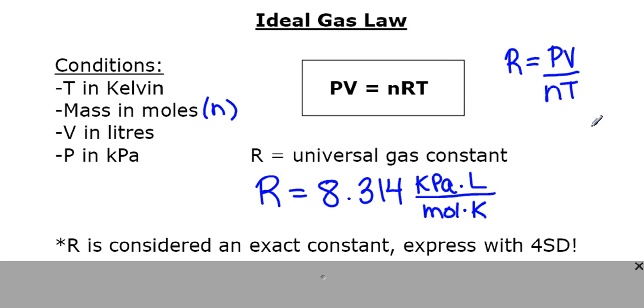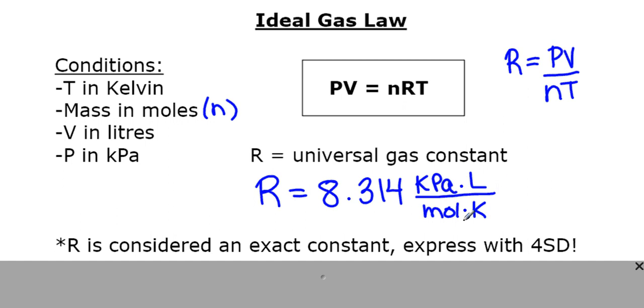If you put in all of the variables at STP, you'll be able to get this R value. P is pressure in kPa, V is liters, and underneath in the denominator you have moles times temperature, so moles times Kelvin, and that's where those units come from.